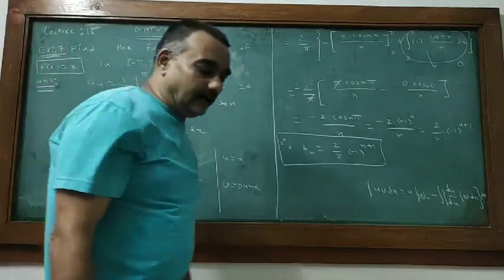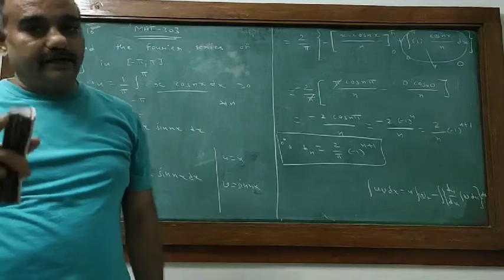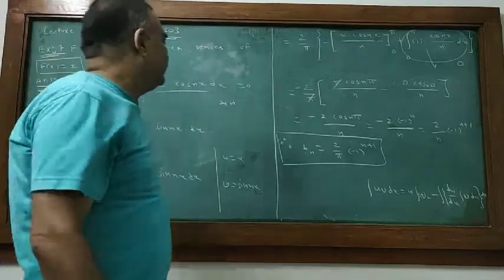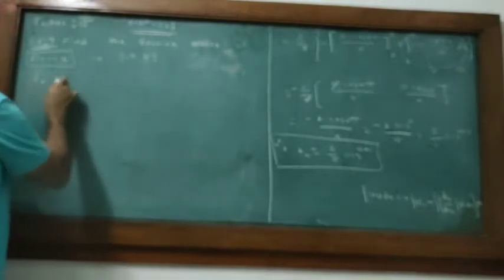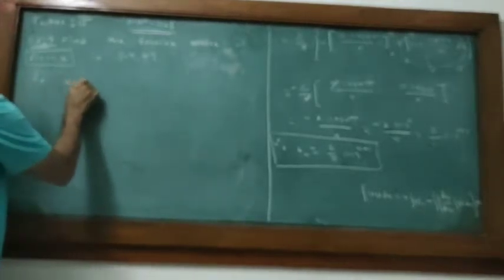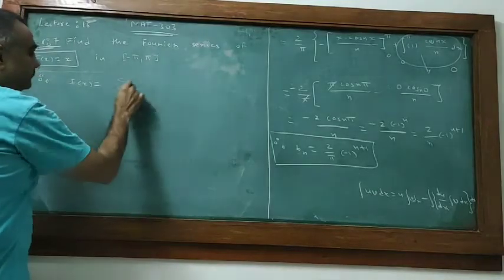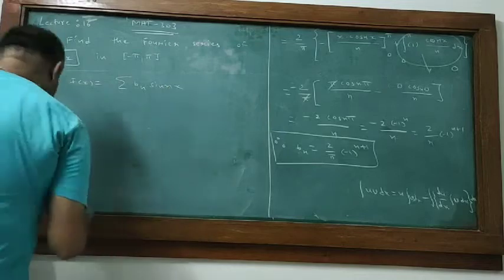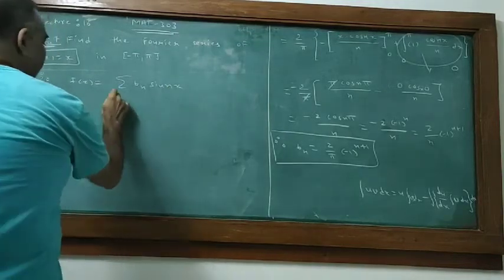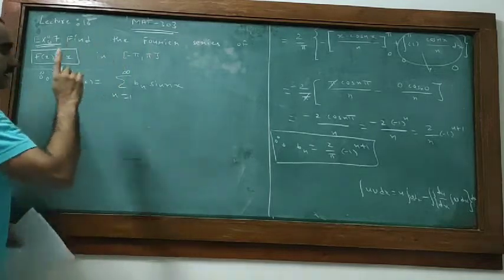Now see the formula of odd functions for the Fourier series. Therefore, f(x) equal to sigma b_n sin nx, n running from 1 to infinity, in minus pi to pi.